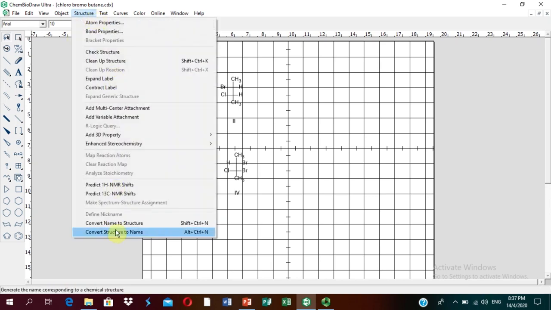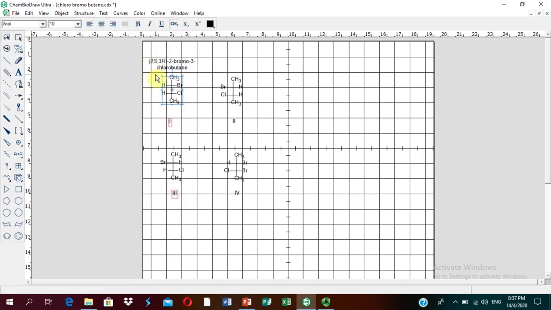If you want to check the structure to name, 2S, 3R, 2-bromo-3-chlorobutane. So this is one isomer of bromochlorobutane. This is the second isomer, third isomer, and fourth isomer. So here we have to determine which one is considered a pair of enantiomers and which one is considered a pair of diastereomers.